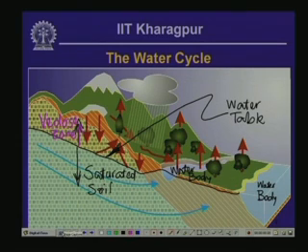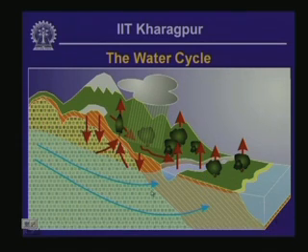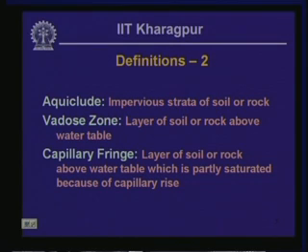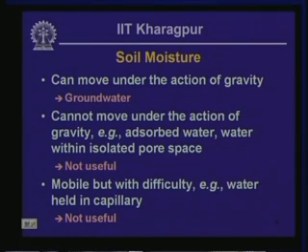Okay. Now let's get back to where we were. We have covered all the definitions that are required for the preliminary concepts of groundwater hydrogeology. Now, what we have already learned also is what is meant by soil moisture to some extent.